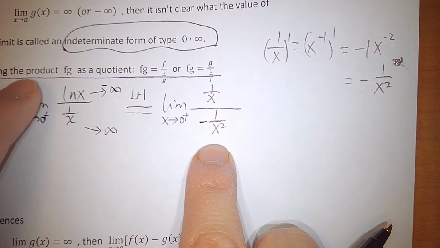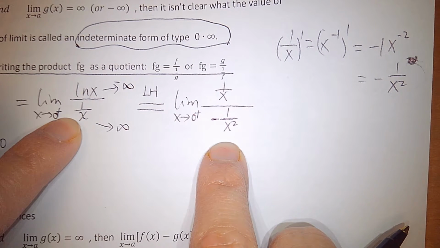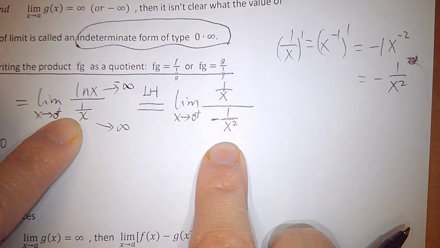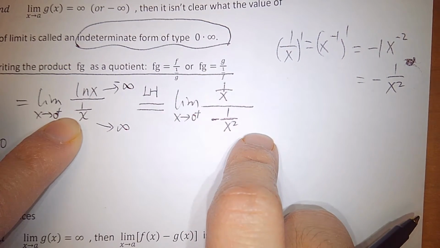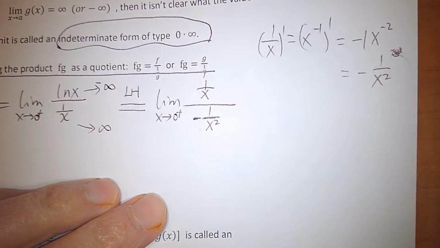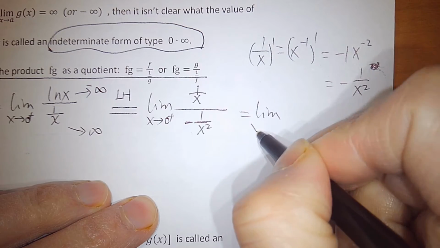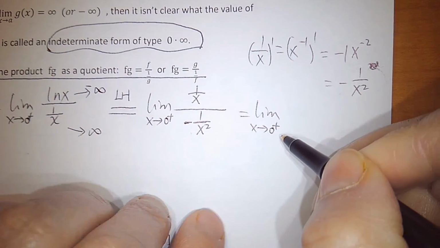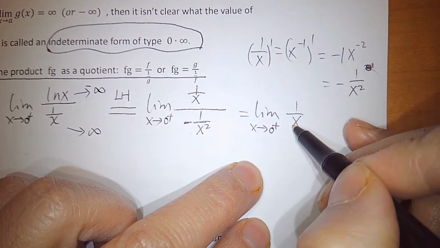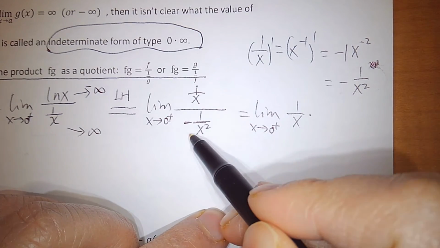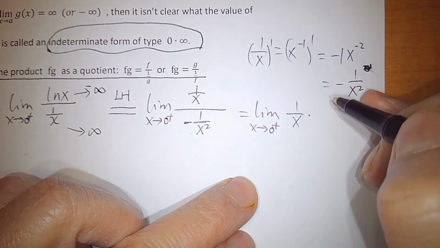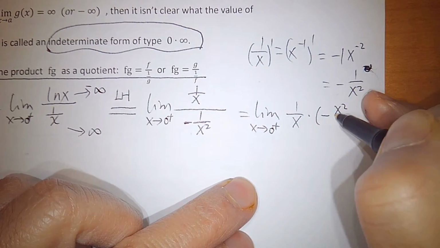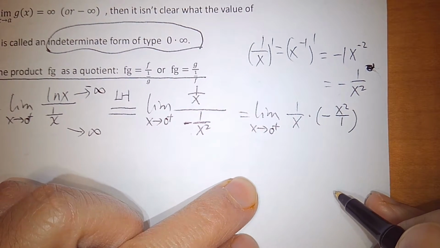So everybody differentiate both top and bottom, right? Now what do we do from here? Simplify. This is negative, okay? Limit as x goes to 0 positive of 1 over x divided by negative 1 over x squared is equivalent to multiplying by negative x squared over 1, right?